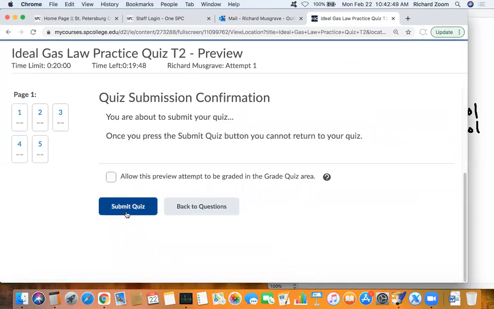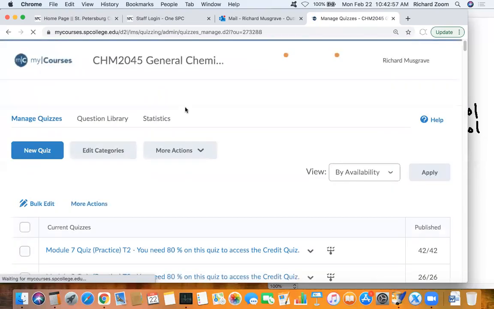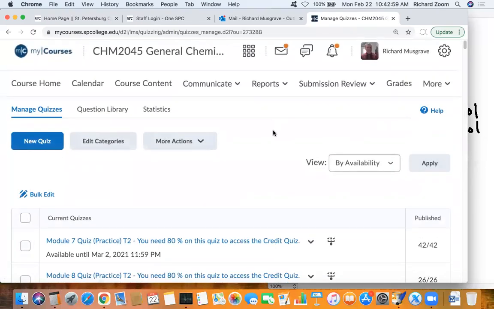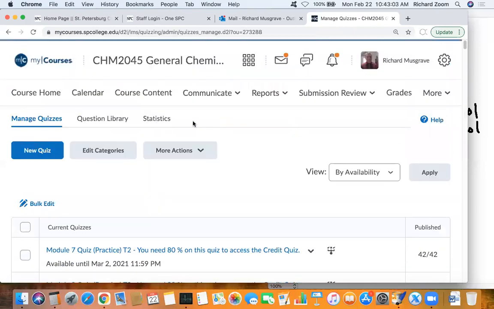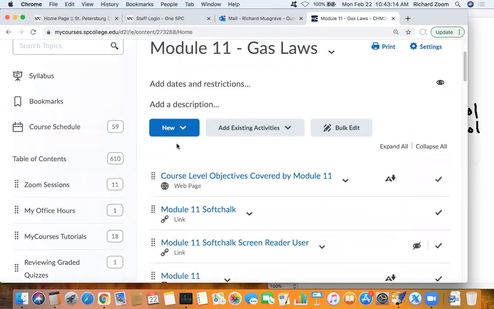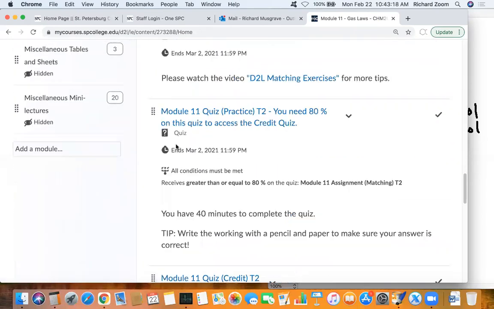And then there'll be a credit quiz for that as well. There's a lot of different things for this, but you have to get through the assignment to get to any of these credit quizzes, which is what annoys people because they don't have access to those points without doing a whole lot of work. Oh well. I don't feel bad about it because this is one of the more difficult modules and I feel like people need to practice on it. That's why I kind of force that issue a bit.